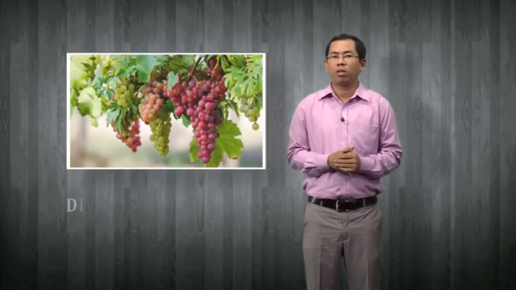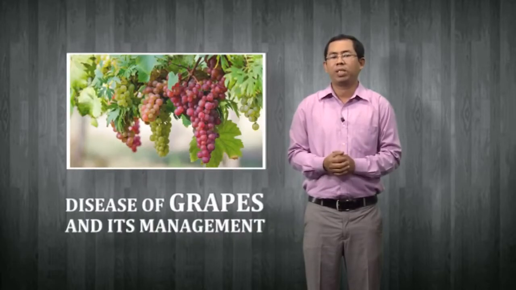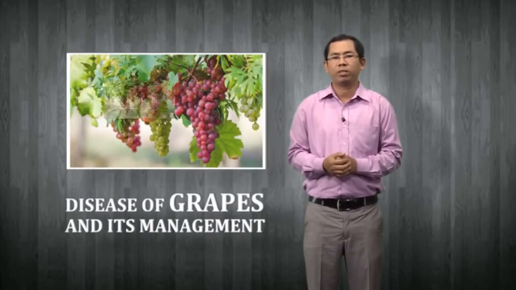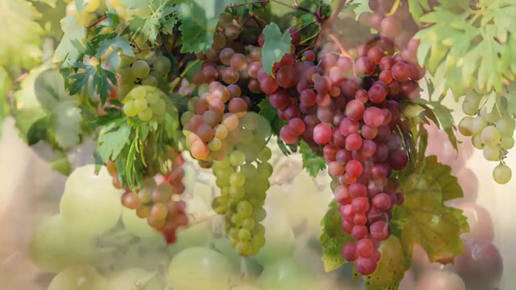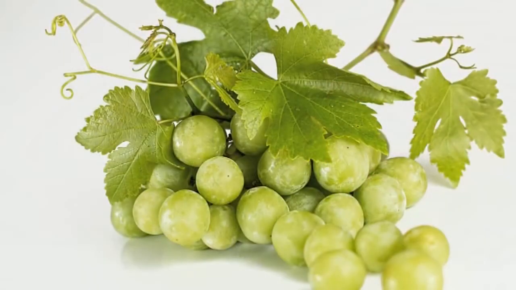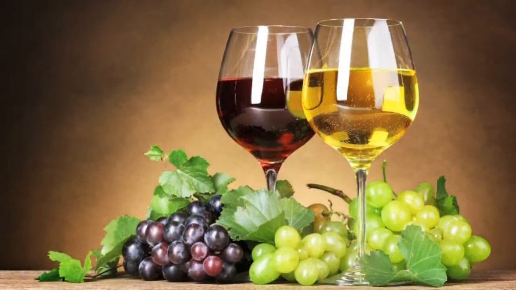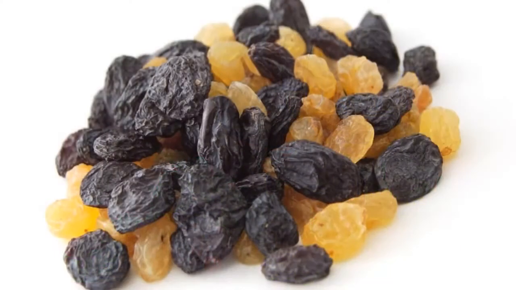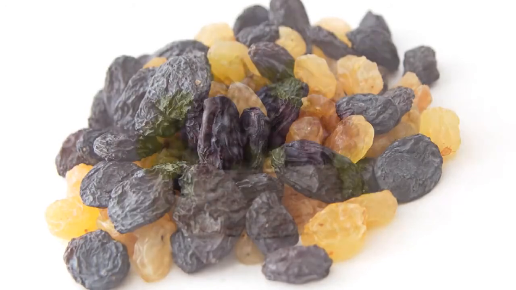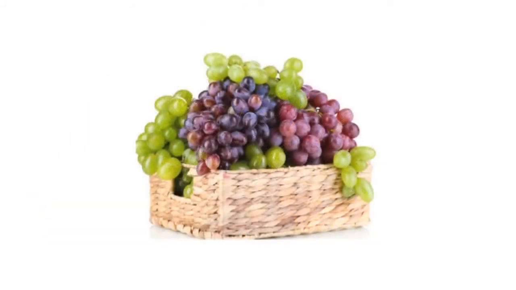Dear students, today we'll discuss diseases of grapes and their management. The grape is the most important crop grown in the world. It is mostly grown for making wines and preparation of raisin, and then as a table fresh fruit.